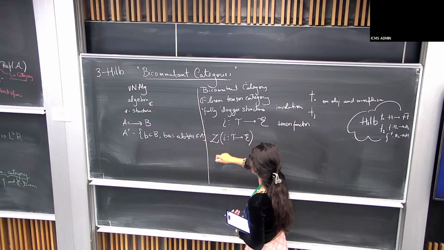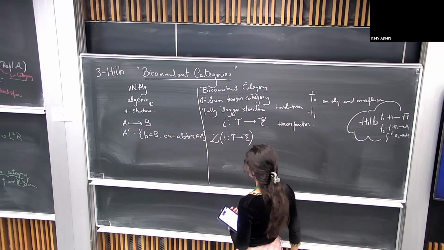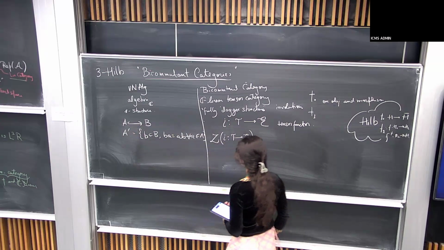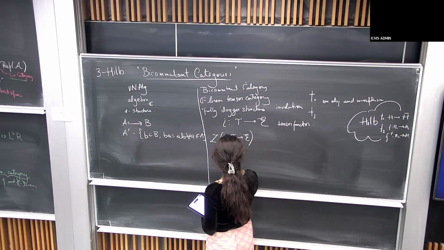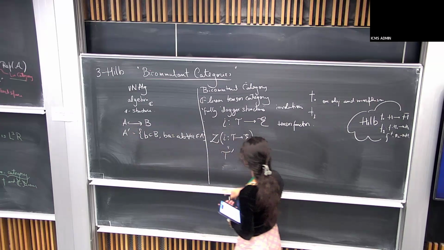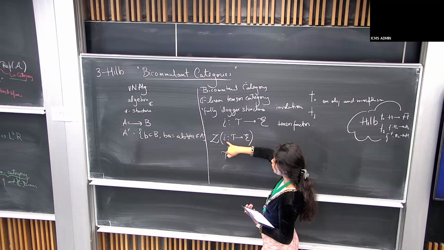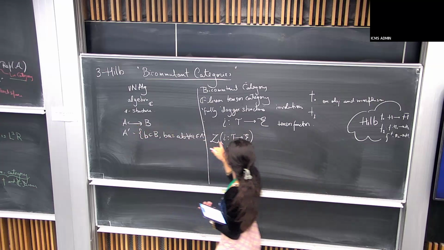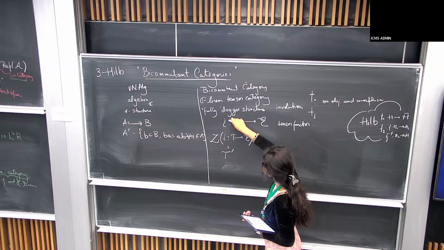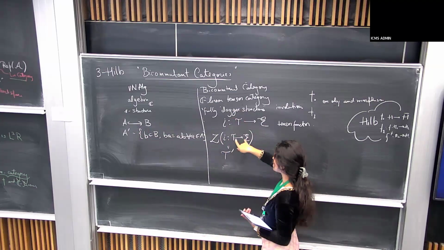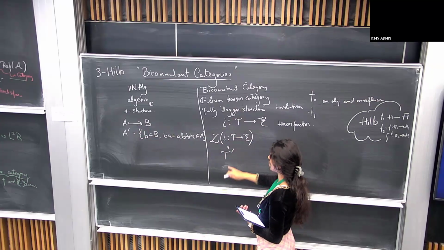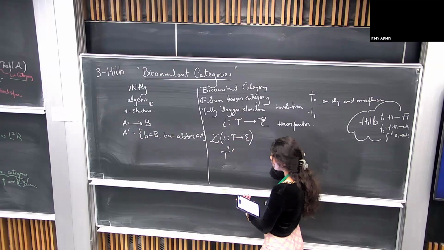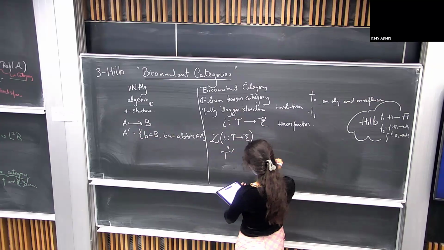So Z is my notation for relative center, which is this commutant notation. Technically, I want to write T commutant, but I also want to remember what functor it corresponds to. In principle, here it was just an inclusion, but I want to remember this functor. So that's why I write Z of this functor. But technically, what I want to say is T commutant in this category.